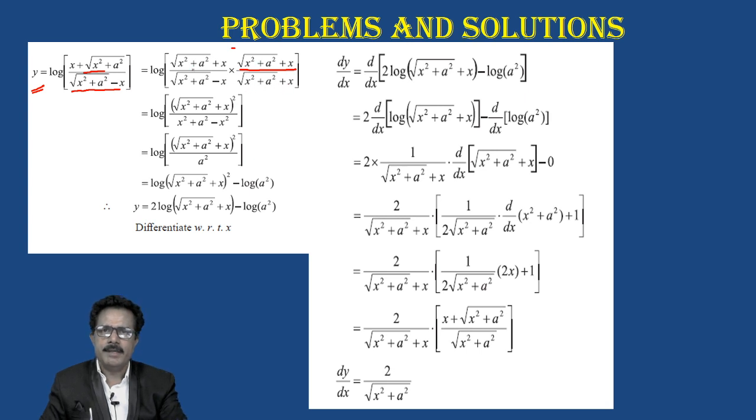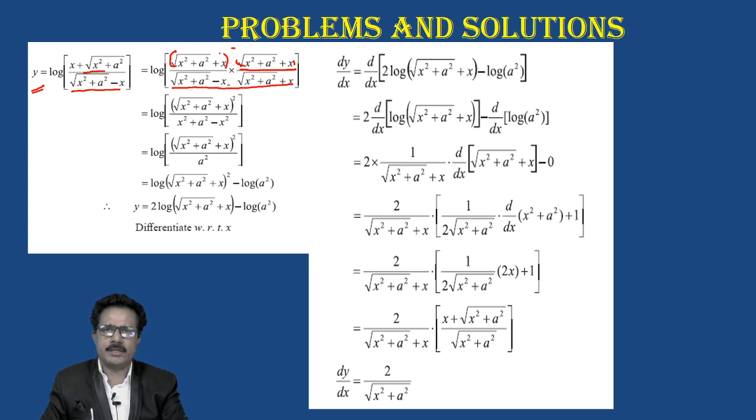Divide, multiply. Now use the formula. In the numerator, the two brackets are the same, therefore we can write bracket square: root of x square plus a square plus x, whole square.